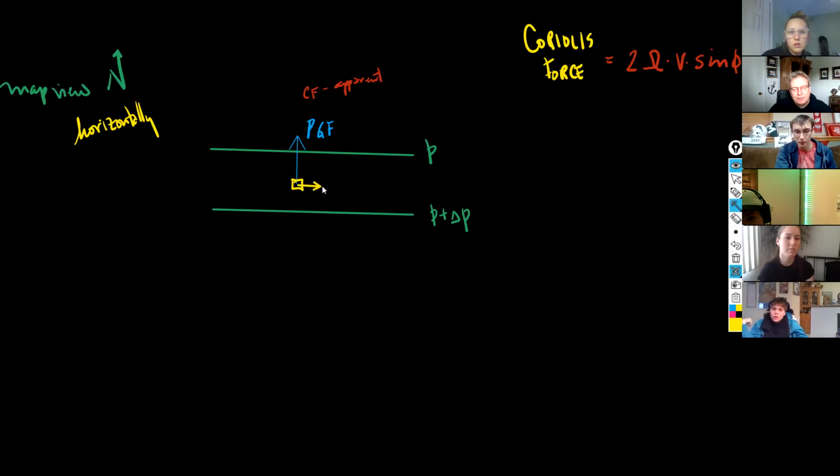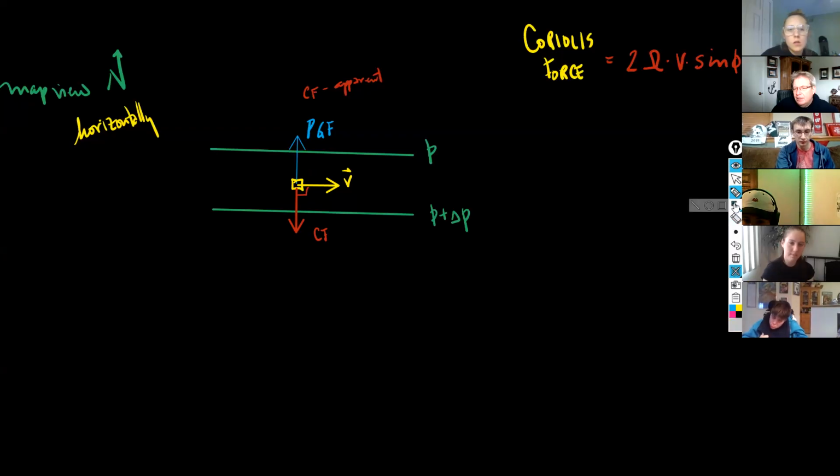So here's the thing. Do you agree that the Coriolis force is always perpendicular and to the right of motion? Just so that you know, this is the velocity. That's the pressure gradient force, that's the Coriolis force. At this point, what would the air do? What do you think might be true here?